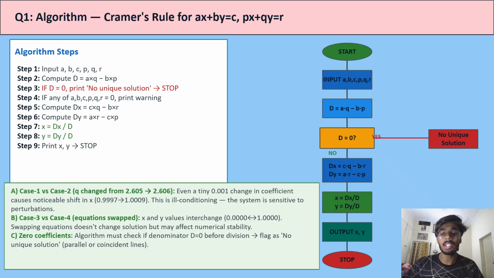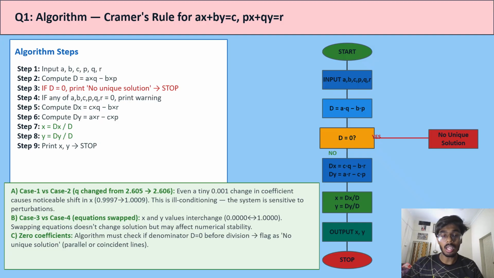Even a tiny change in the coefficient causes a noticeable shift in our equations. This is an ill condition. The system is sensitive to the variables.